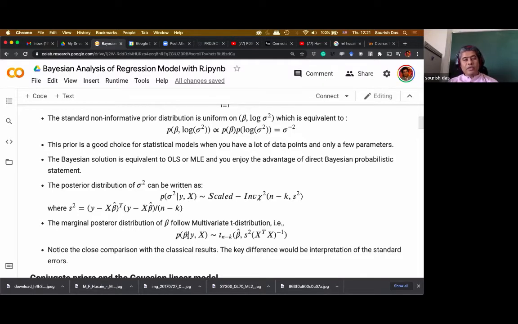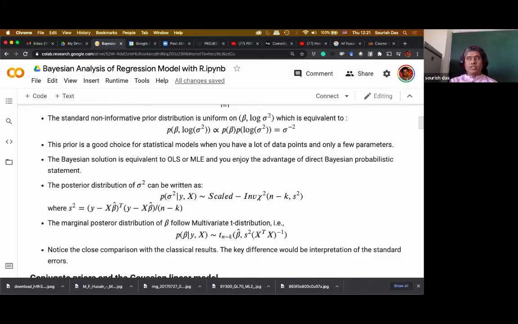What the marginal posterior distribution is saying is: I have no idea about the actual true value of beta, but beta hat is the location, and the true value is somewhere in the region close to beta hat.